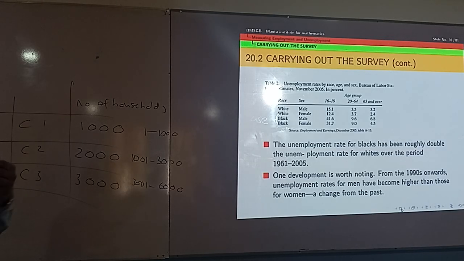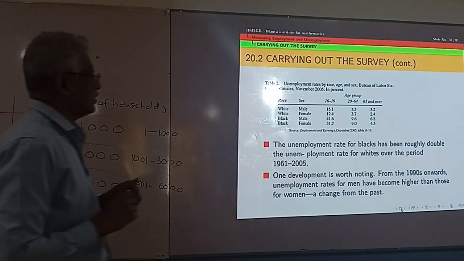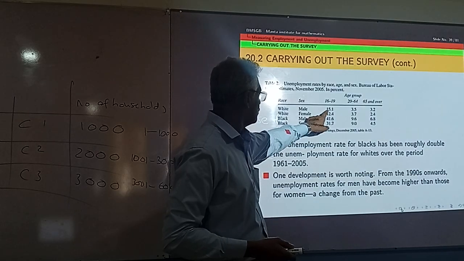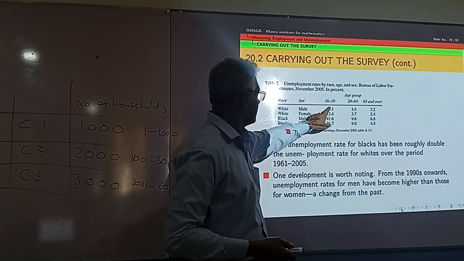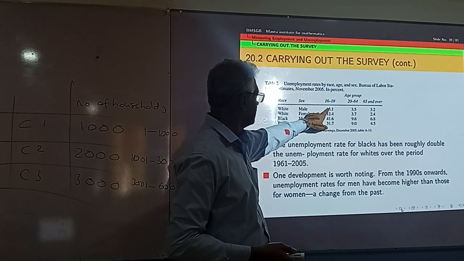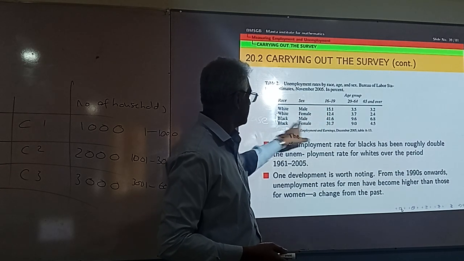And when they compared this one and the previous ones, they saw that in this one, males are 15.1 in this group, 41 here, 15 and 12 here. Even within white, this number is larger than this number.